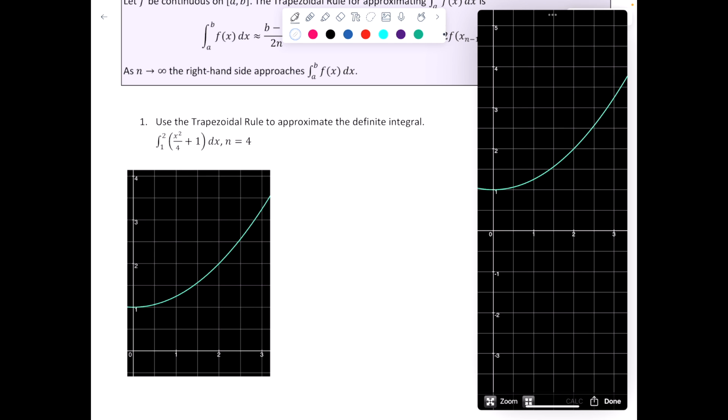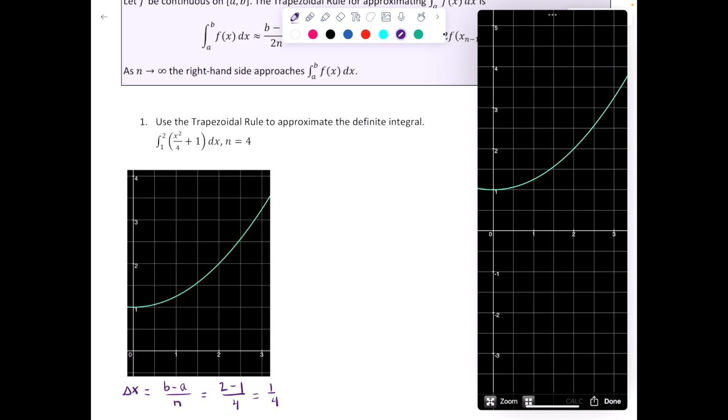And so, how do I figure out how many we need? Well, we're going to use delta x is b minus a over n. Well, n is 4, right? b is 2, a is 1. So we'll have 2 minus 1 over 4, which is 1/4.